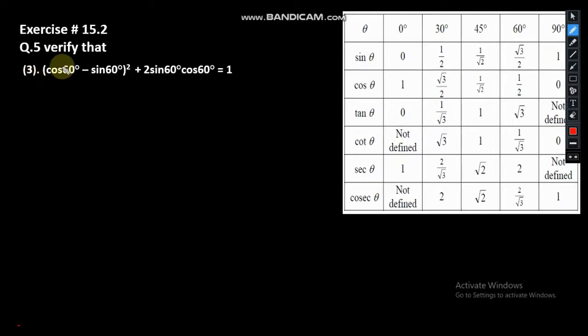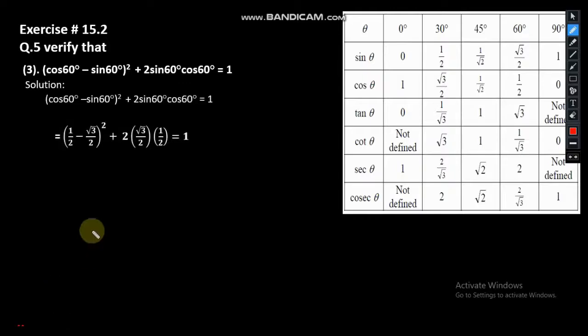Question number 3. Cos 60 degree minus sin 60 degree, the whole squared, plus 2 sin 60 degree cos 60 degree is equal to 1. Now cos 60 degree equals 1 divided by 2, and sin 60 degree is under root 3 divided by 2.